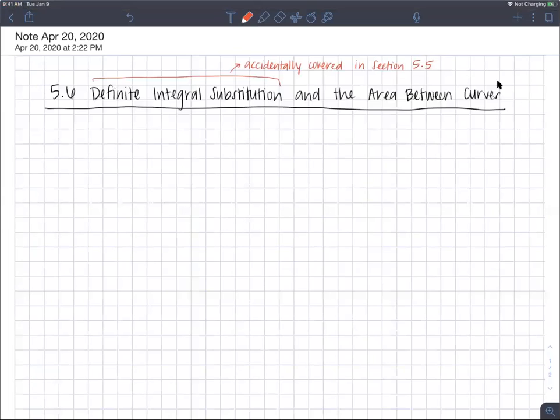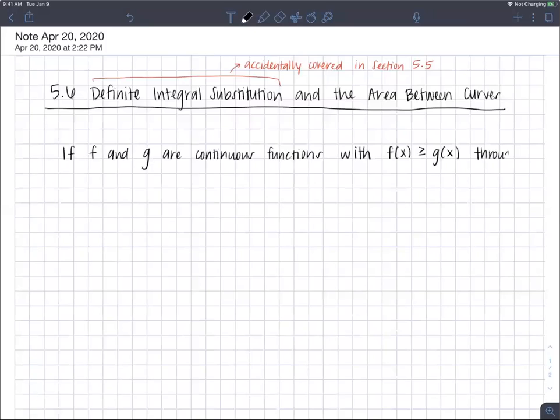And so what we're gonna have here is, if f and g are continuous functions with f of x greater than or equal to g of x throughout a closed interval from a to b, then we can find the area.